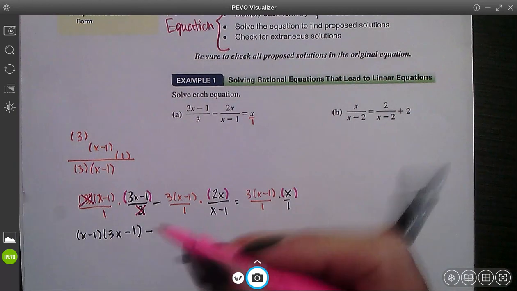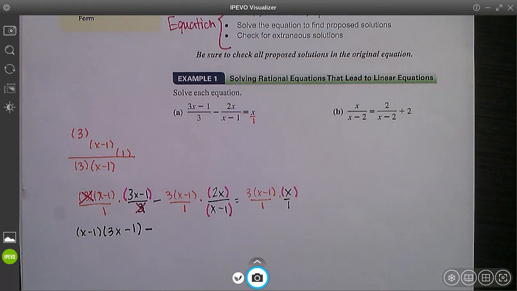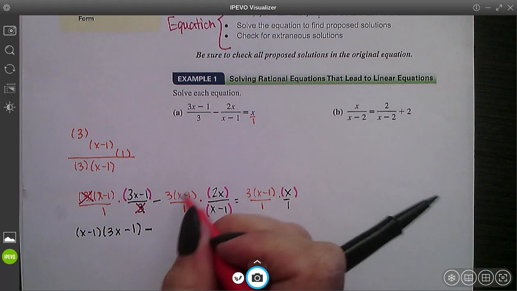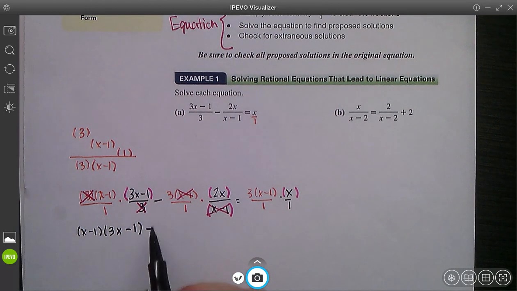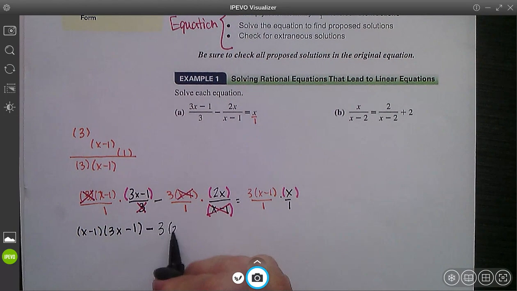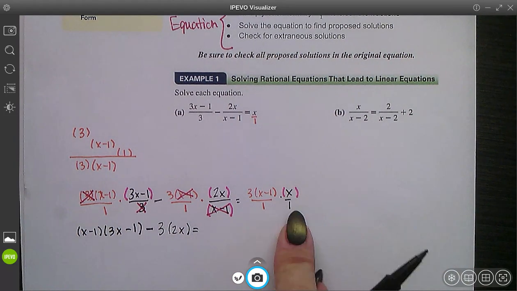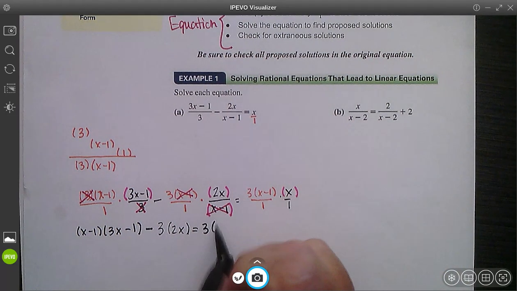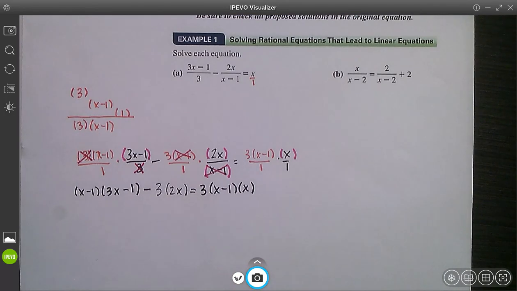Keep in mind that this x minus 1 is also in parentheses, which is what allows me to cross off x minus 1 and x minus 1. Then the second term, I have to remember my subtraction sign, 3 times 2x. And on the right side, nothing is going to cancel, so I'm going to have 3 times x minus 1 times x.